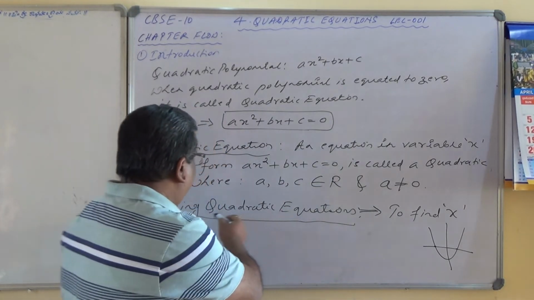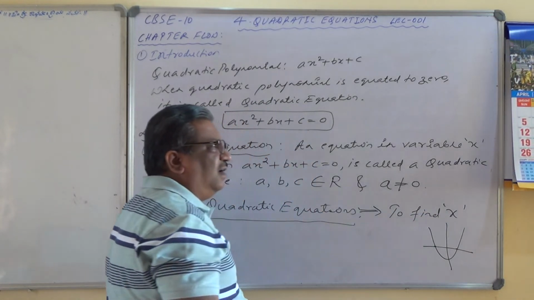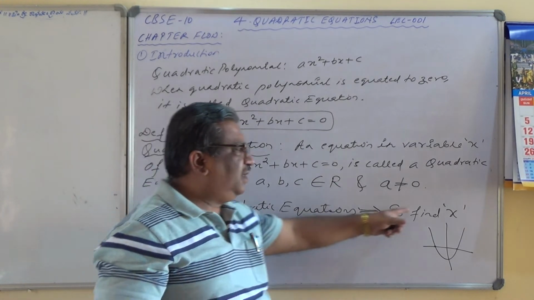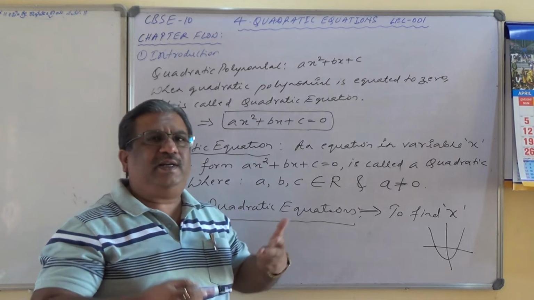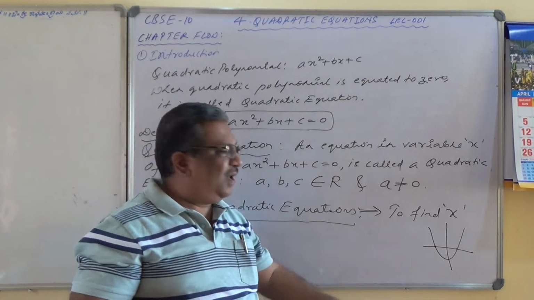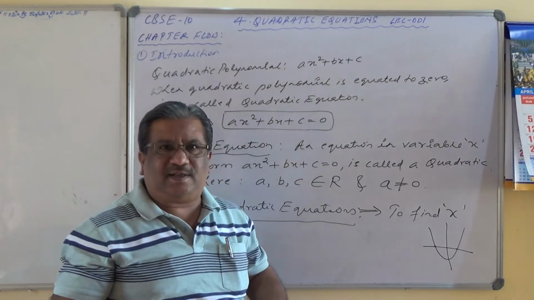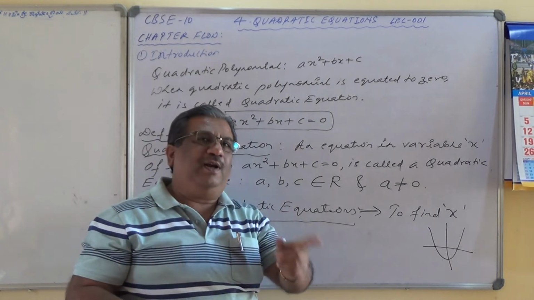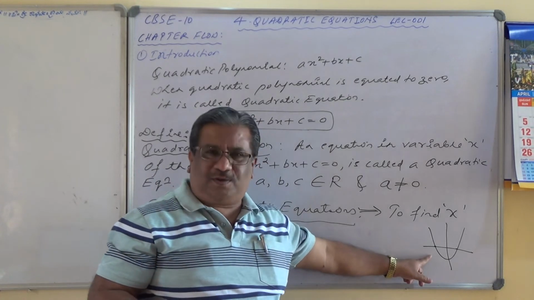So solving the quadratic equation means finding the value of x. If we substitute these values of x into the quadratic equation, LHS will become equal to RHS. What is RHS over here? 0. So the polynomial reduces to 0 if you substitute the values of the roots.